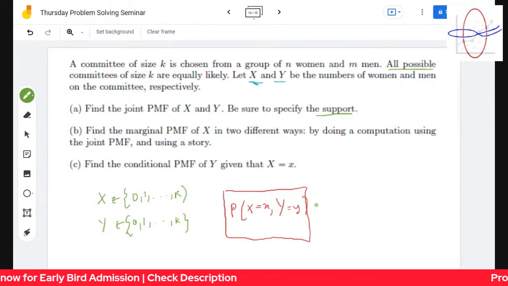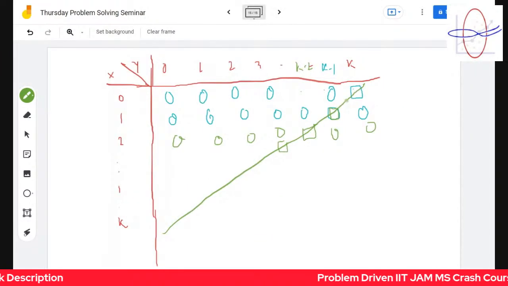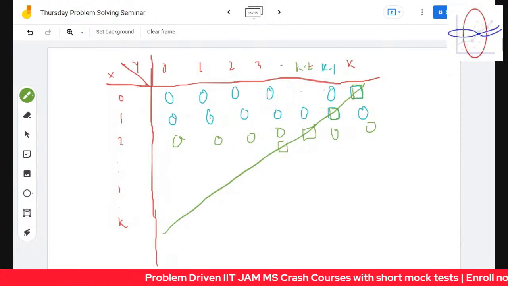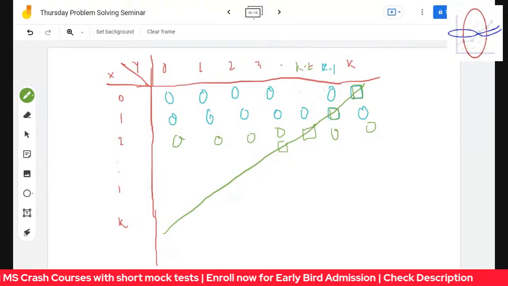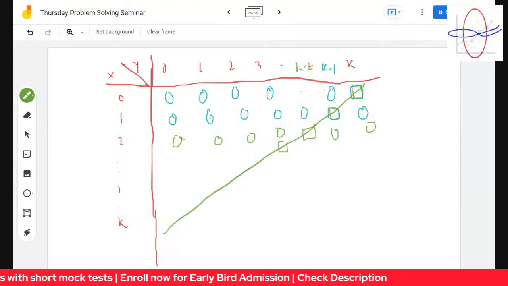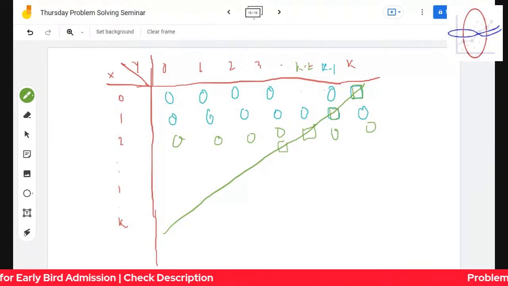What will be the individual probability of these boxes? It's very easy. 1 by k plus 1.